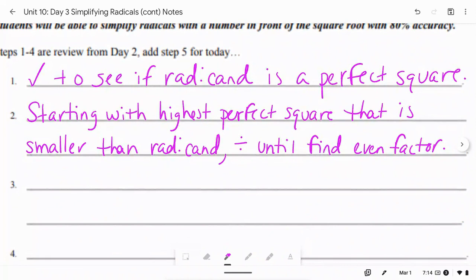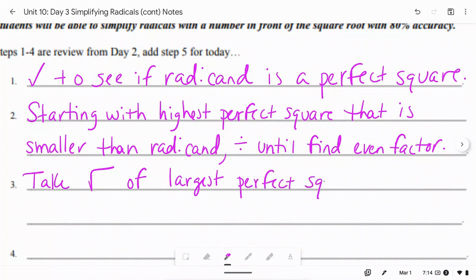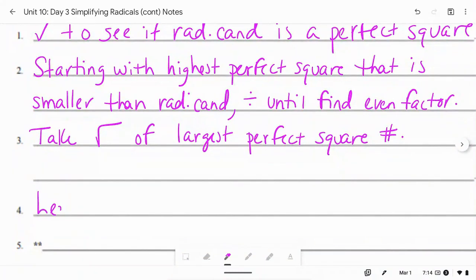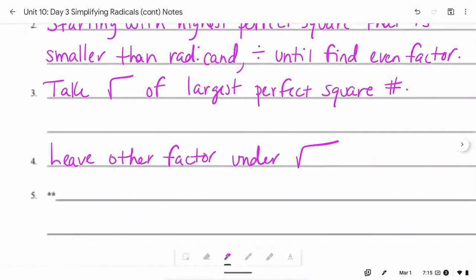Once you find that number, then step 3, you're going to take the square root of that largest perfect square number, and then in step 4, you're going to leave the other factor under the radical or under the square root.